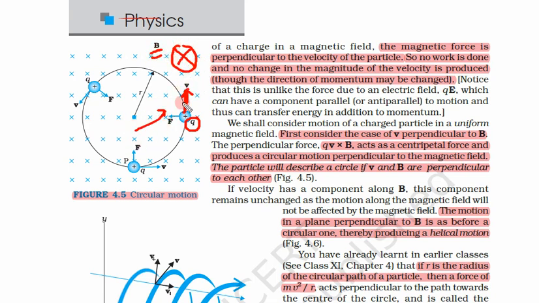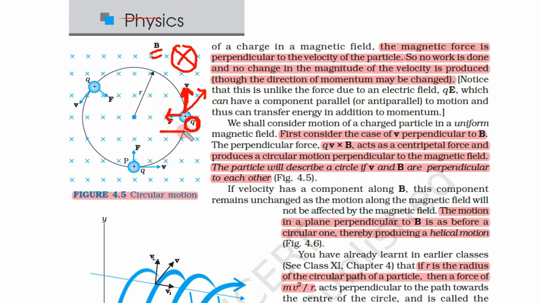So here it is written the magnetic force is perpendicular to the velocity of the particle. Here velocity is in positive Z direction, magnetic field is in positive Y direction. Since this charge is positive, this force is in this direction.